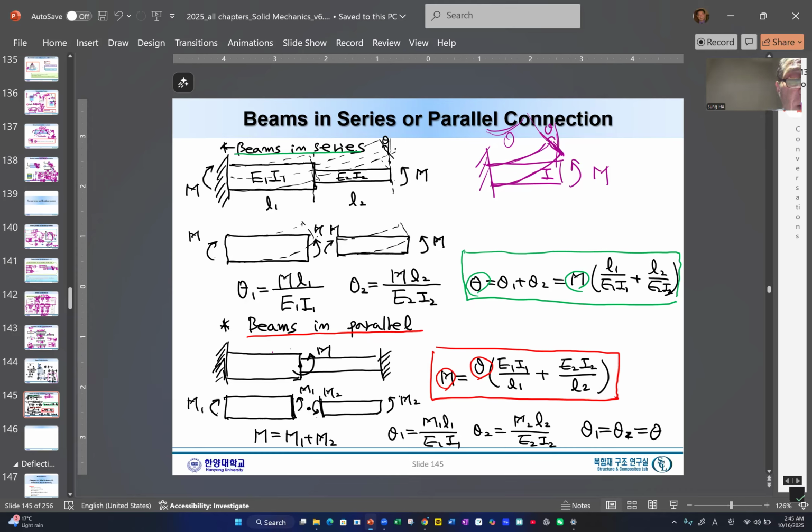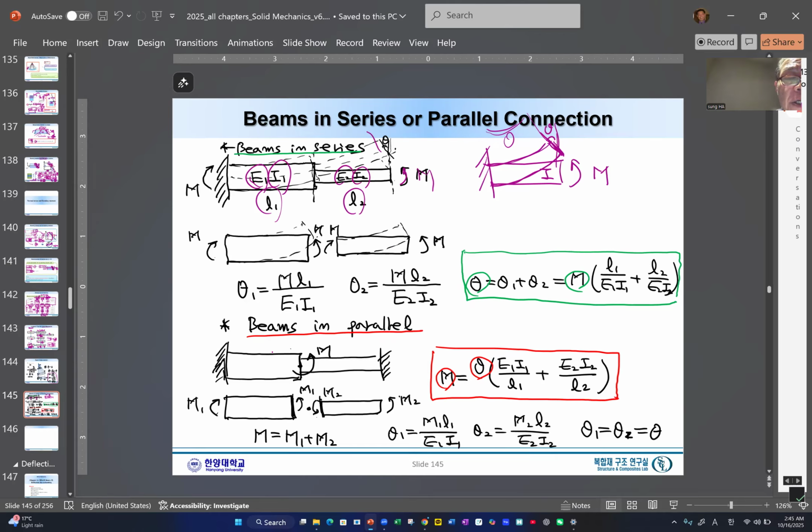The first one is E1, I1, two different beams, two different lengths. The length is different, and the Young's modulus is different, and the cross-sectional property is different. So these two beams are connected, and then we apply the moment M.